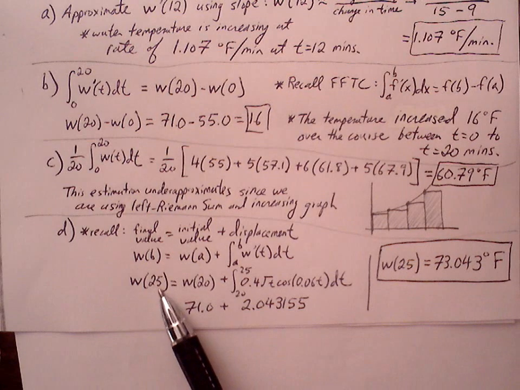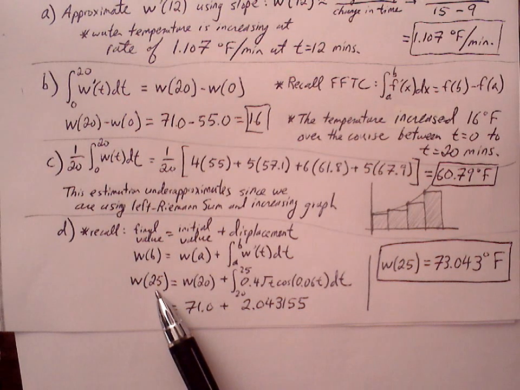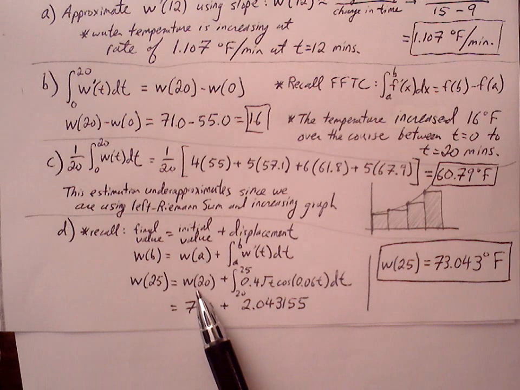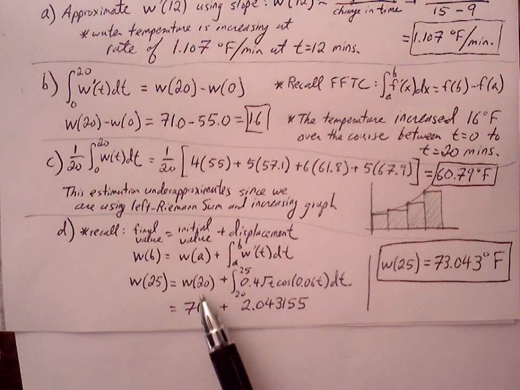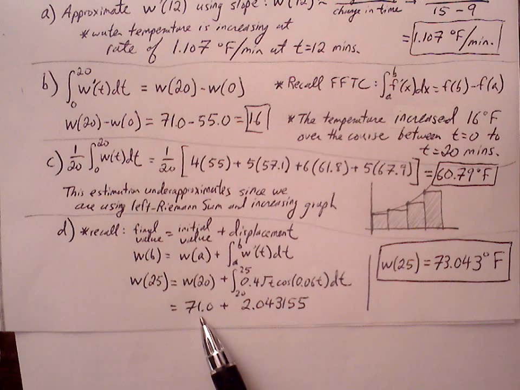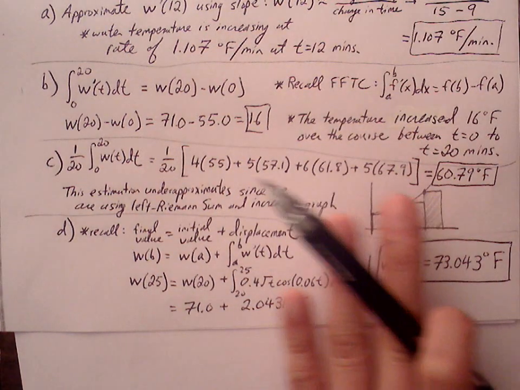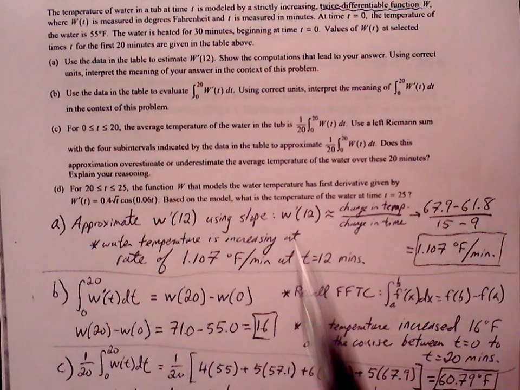The temperature at 25 minutes is equal to the temperature at 20 minutes plus however much the temperature changes between 20 and 25. And then we can do that by accumulating the rate between the 20th and 25th minute. So the 20th minute temperature is 71 degrees. That's provided for us at the top of the problem.